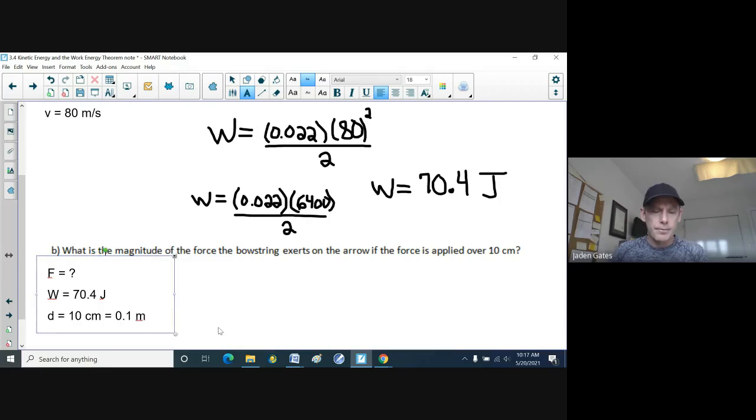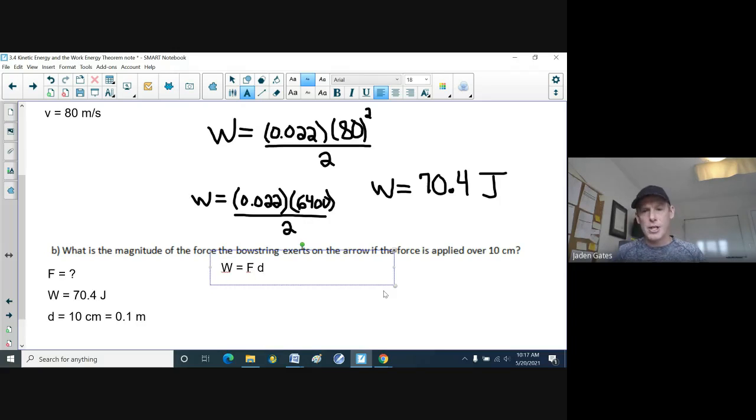All right. So we know the amount of work, we know the distance, and we're looking for the force. This is tying in with the formula we had earlier today: work equals F times d. I know the work is 70.4, we're trying to find that force, and our distance here is 0.1.